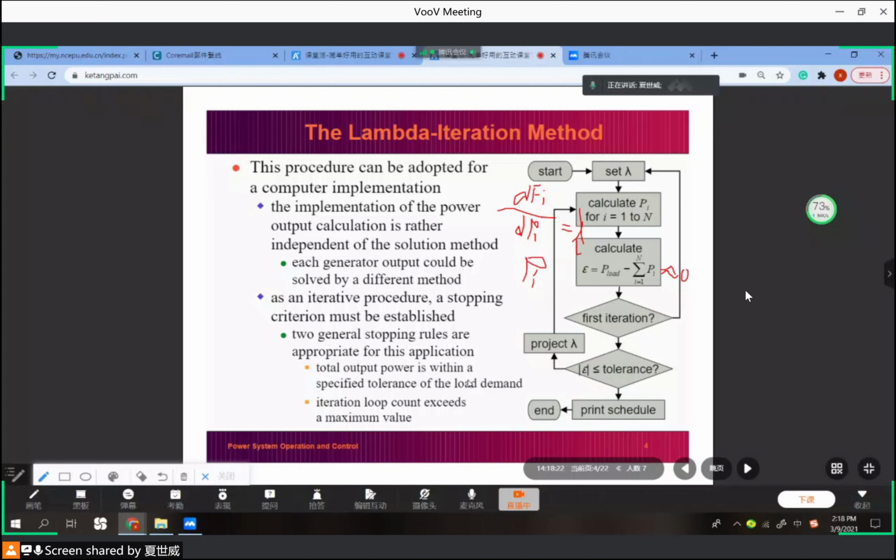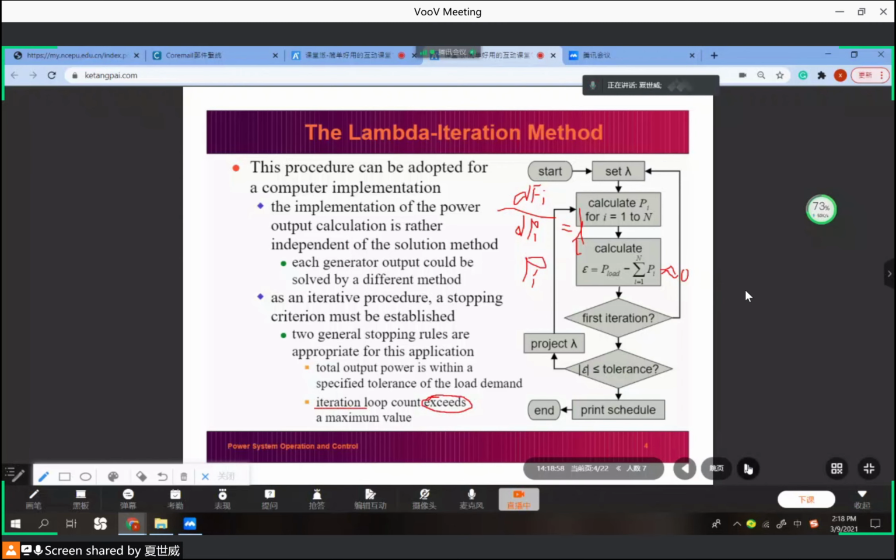You can stop the program. Otherwise, the second rule to stop the program is when the maximum number of iterations is exceeded. That means the maximum iterations has been reached. For example, you set a maximum value for the iteration number of 10. After 10 iterations, if this condition is not satisfied, the program may stop for this solution because it reaches the maximum iterations.